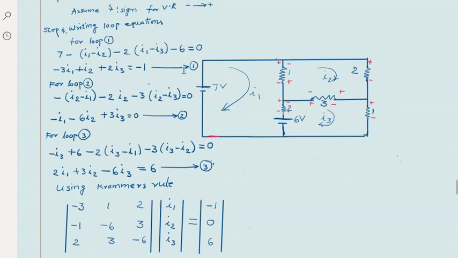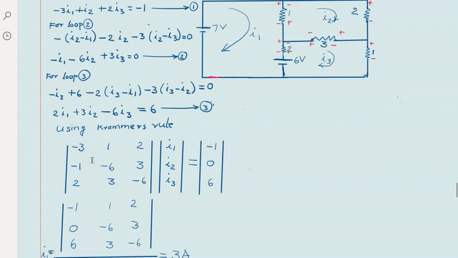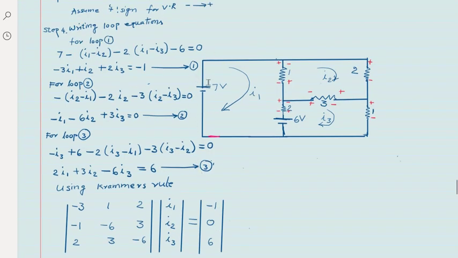So we have the loop 1, loop 2, loop 3 equations. So put them in the matrix form like this. That is minus 3, 1, 2, minus 1, 6, 3, 2, 3, minus 6 multiplied by the current matrix, that is I1, I2, I3, and on the right side we are getting minus 1, 0, 6.